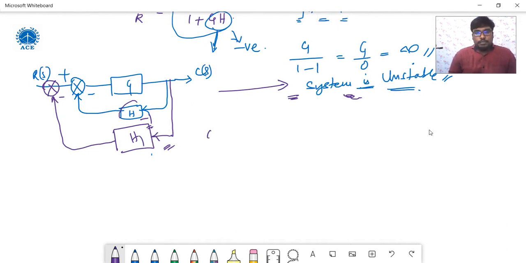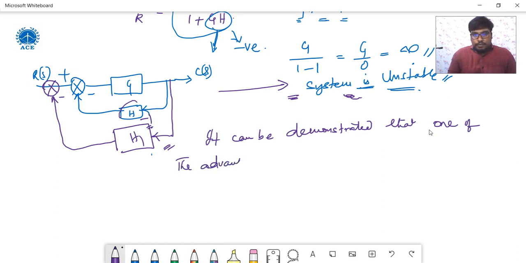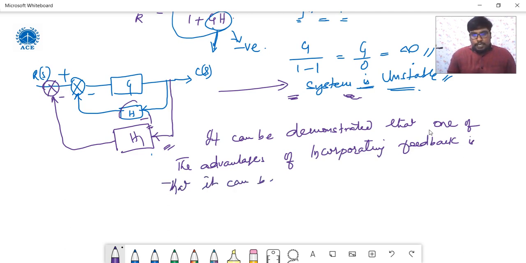So it can be demonstrated that one of the advantages of incorporating feedback is that it can stabilize an unstable system.